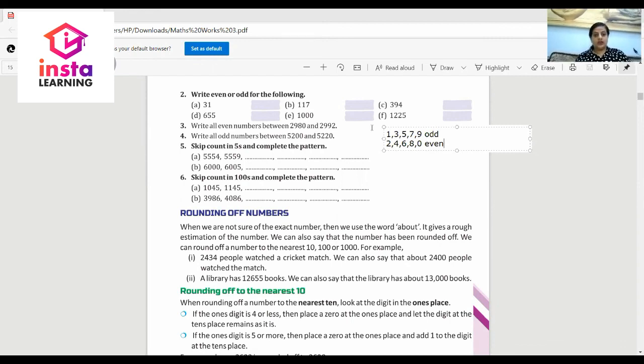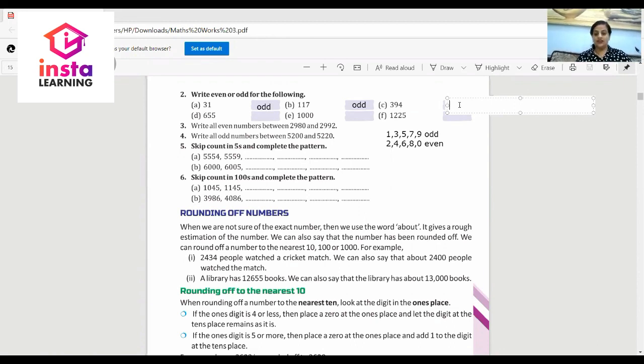So if 31 is there, 31 is an odd number because 1 is at one's place. 117 is an odd number. Okay. Now 394. We will not see 3, we will not see 9, we will just see 4, that is an even number.